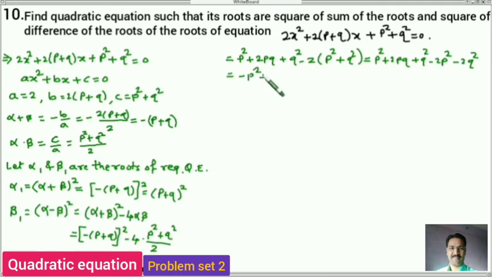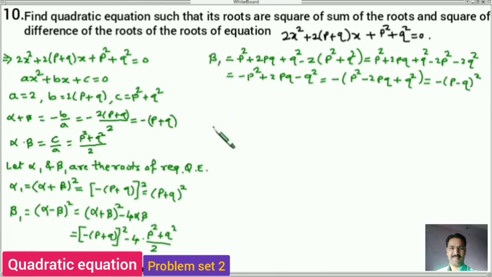The middle one plus 2PQ, and here Q square minus 2Q square, that is minus Q square. If we take the minus sign common, we get P square minus 2PQ plus Q square. That is why we can write minus P minus Q bracket square, which is nothing but beta 1, the second root.